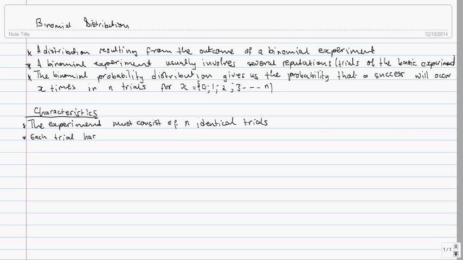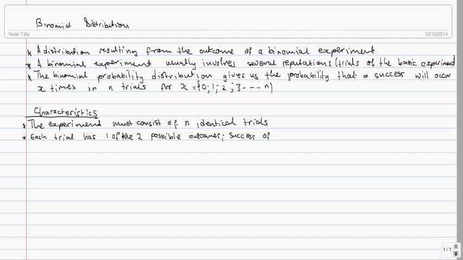is one of the two possible outcomes, and these outcomes are basically success or failure.